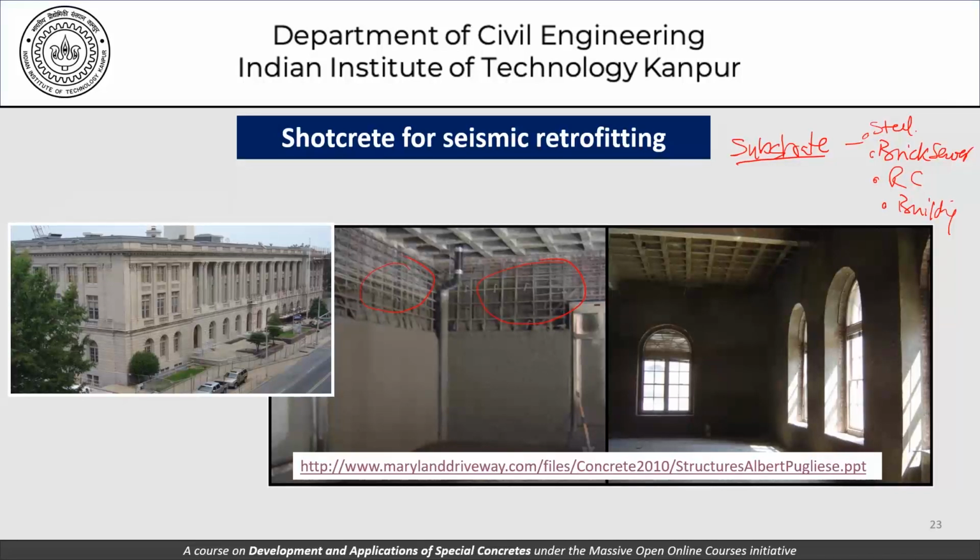But we can deposit or create additional thickness using reinforced concrete, except that the concrete that we use is shotcrete. So the reinforced concrete is the same, except that the concrete is shotcrete. That is, it's a concrete which is deposited using concrete placed under pressure. So it's not normal placement, it is just a difference in the placement method.